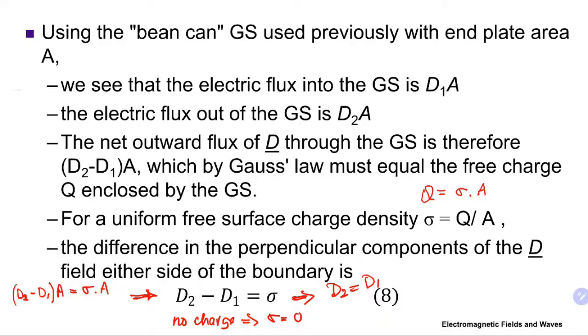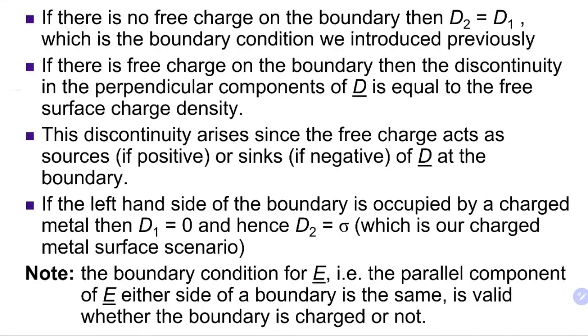Okay, that is what we have talked about very early on, about how the electric flux density goes from one medium to another medium. If it's perpendicular, then we have D1 equals D2. So if there's no free charge on the boundary, D2 equals D1, which is the boundary condition we introduced previously in the previous topic that I talked about, boundary conditions.